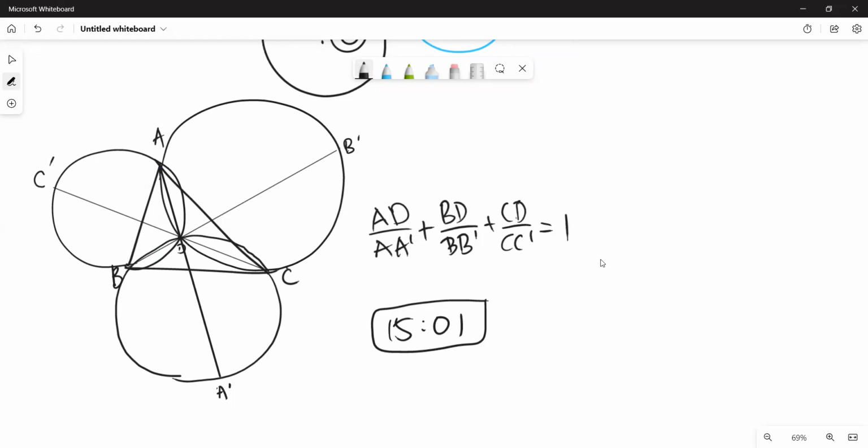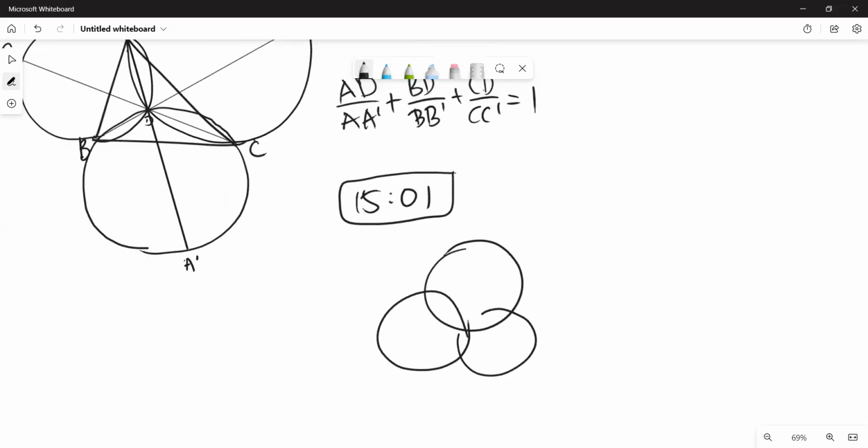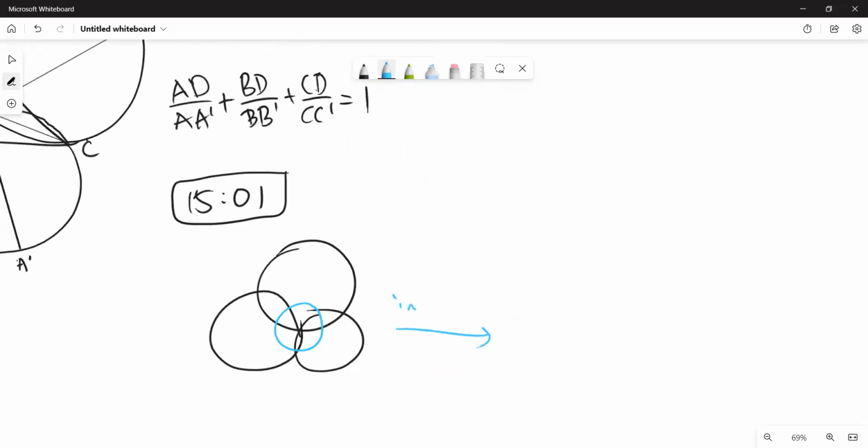The trick about inversion is that, remember, if you have many circles going through a single point, then if you invert with respect to some fixed circle centered at this intersection point, all three of the circles become lines.